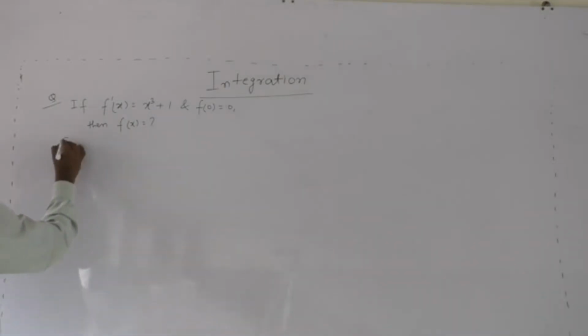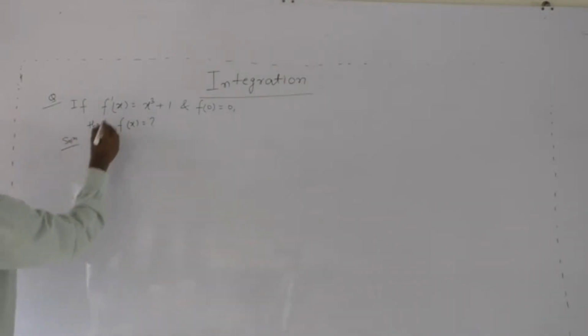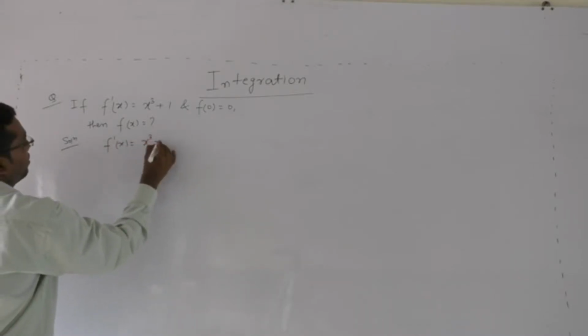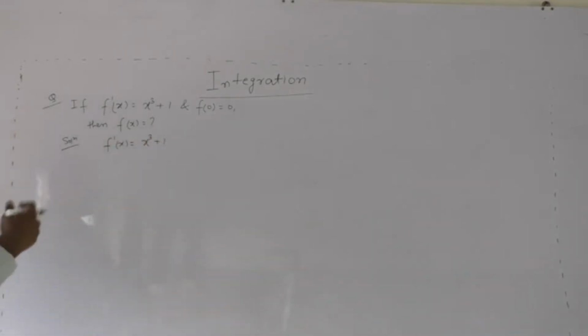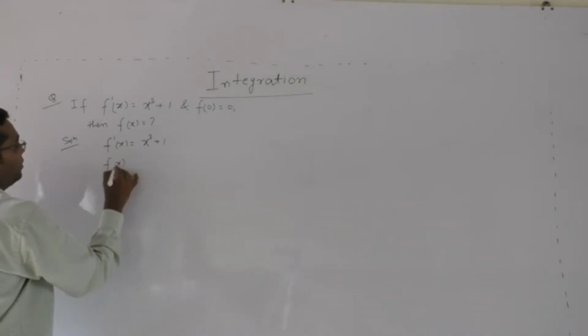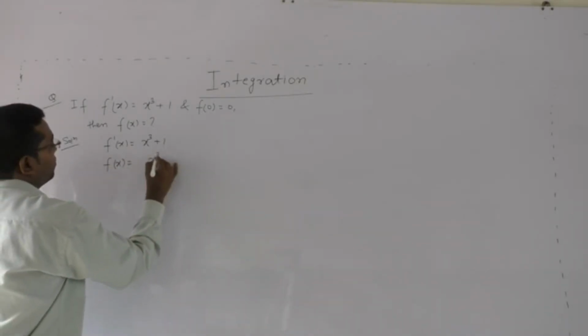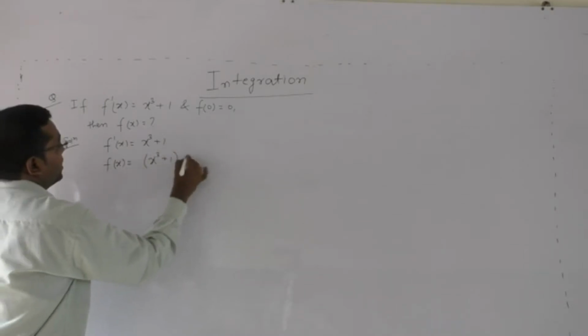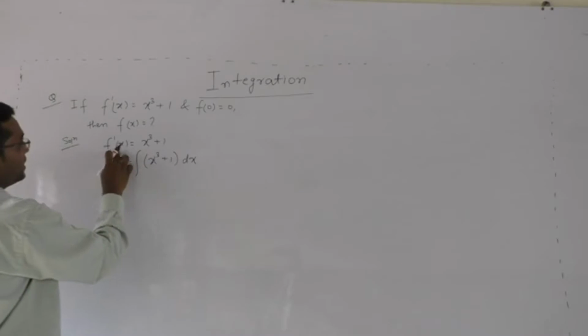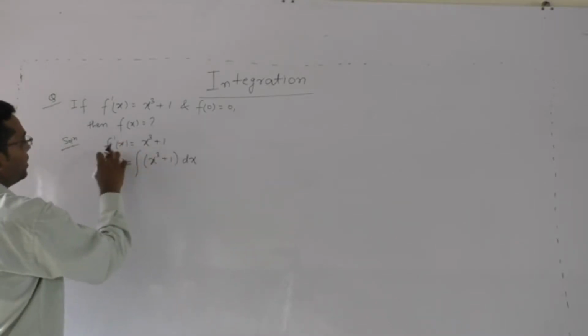See, f dash x we have x cube plus 1. So if we integrate both sides, we get f(x) equals the integration of x cube plus 1 dx, because the differentiation of f is f dash, so the integration of f dash will be f.